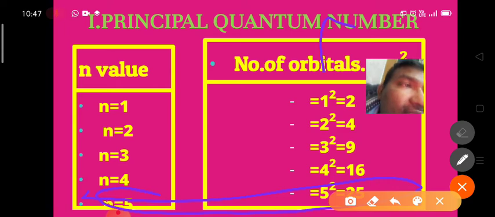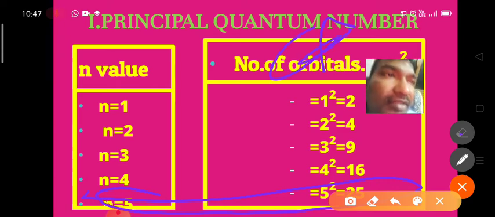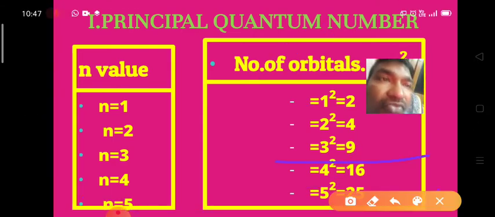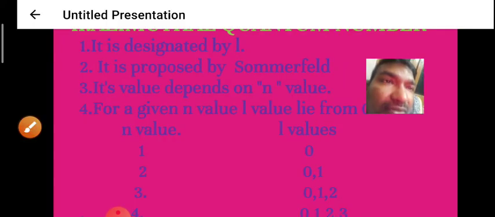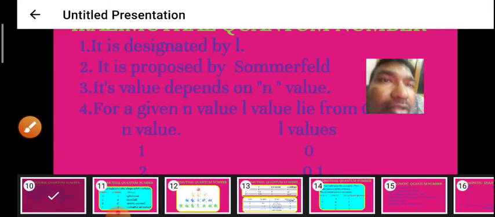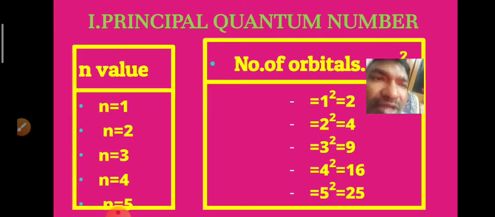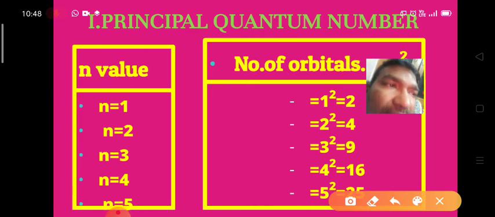In a similar way, we can calculate the number of electrons that can be accommodated in the nth shell by using the 2n square equation. For example, the number of electrons that can be accommodated in the third shell can be calculated using the equation 2n square, that means 2 into 3 square, that means 18.